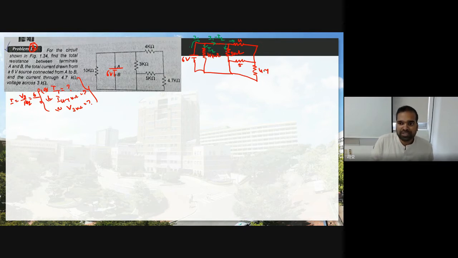We don't know how much current is going to the 3 kilo ohm, so I just assume that I3 current is going. Then how much current will go to the 4 kilo ohm? I1 minus I2 is my total current, and in that I3 current is going here. Therefore I1 minus I2 minus I3 current is going to the 4 kilo ohm.